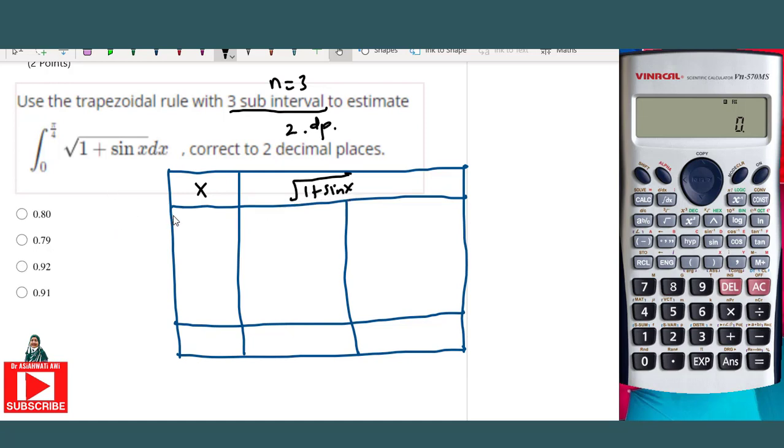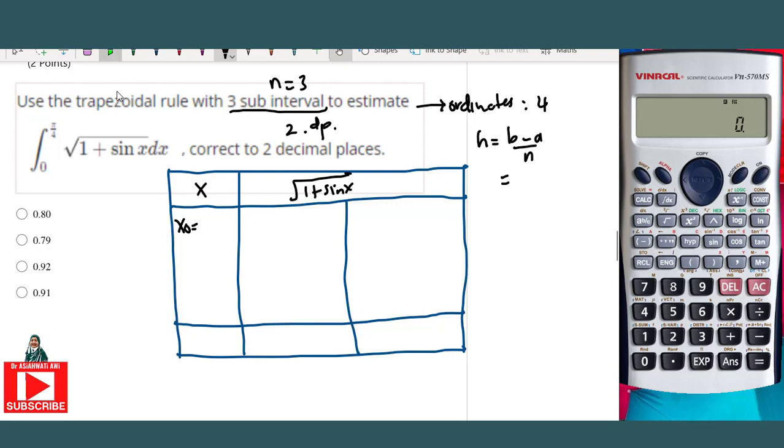Starting with the x node, these are ordinates. Then we need to find h, the width of the trapezium.